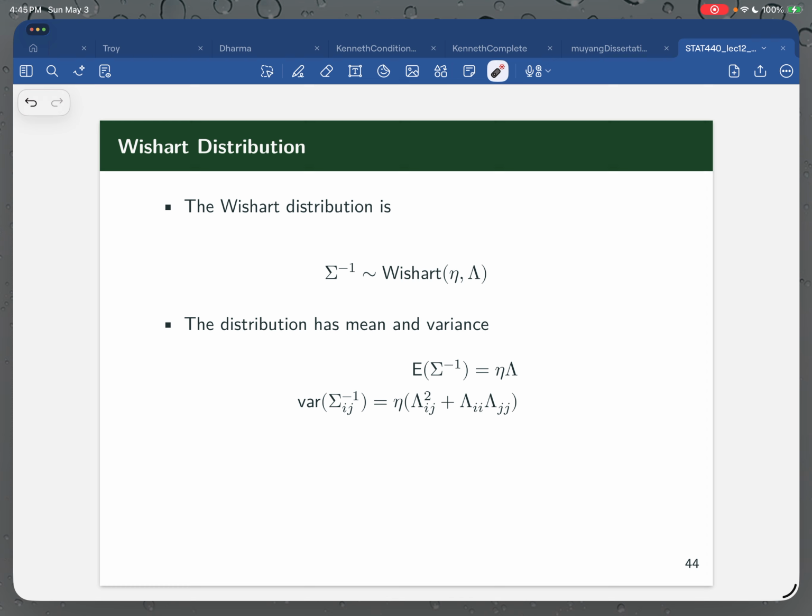Okay, so we can describe properties of the Wishart distribution. If sigma is distributed Wishart eta, lambda, then the expected value of sigma inverse is eta times lambda, and the variance of sigma inverse is given by this expression. This is breaking it down into the ith and jth element.